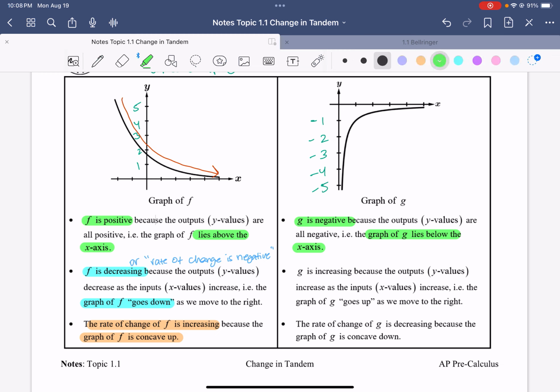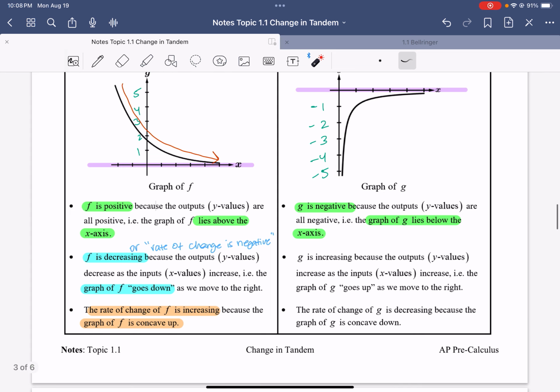And if you remember from algebra 2, there's these things called horizontal asymptotes, which are these imaginary lines. So in case you're thinking, well, what if the graph is going to go up like that? It's not. It's going to stay forever at this horizontal asymptote, and it's never going to cross over the x-axis there.